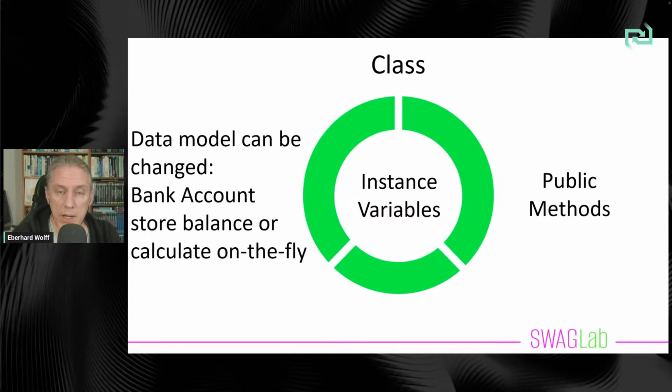If you apply this principle of information hiding, then the data can be changed. So the bank account can either store the balance as a money amount, or it can calculate the balance from all the transfers on the fly. So it means that you can change the implementation quite freely because it is hidden from the outside world and access is only allowed by public methods.